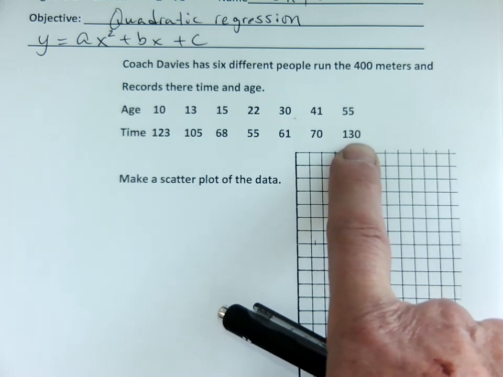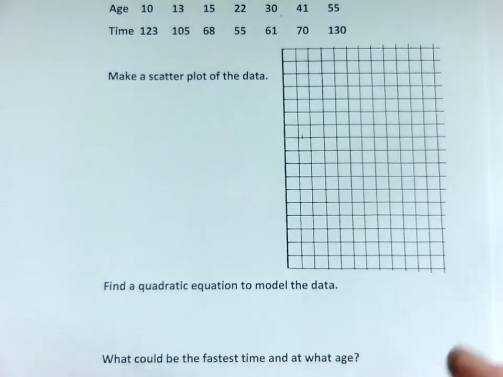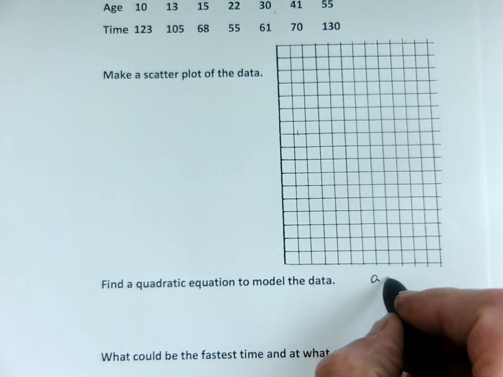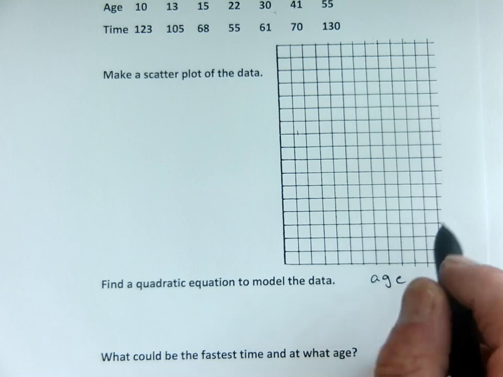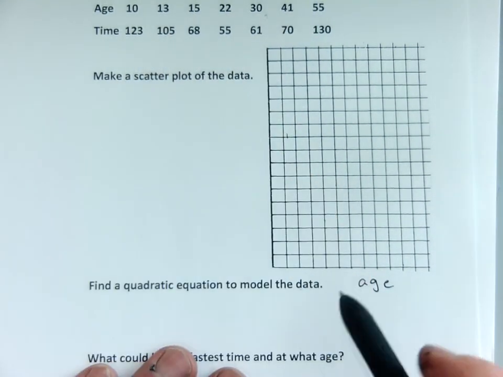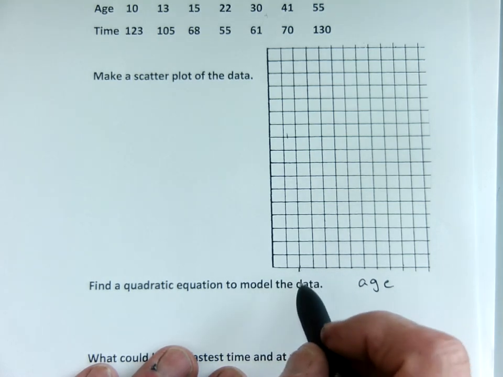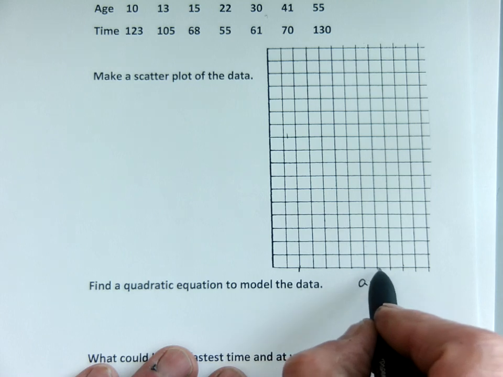So let's make a scatter plot. I'll put age down here. We'll let the x-axis be age, and I need to get all the way to 50.